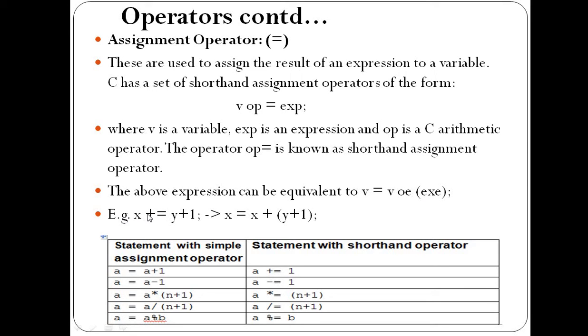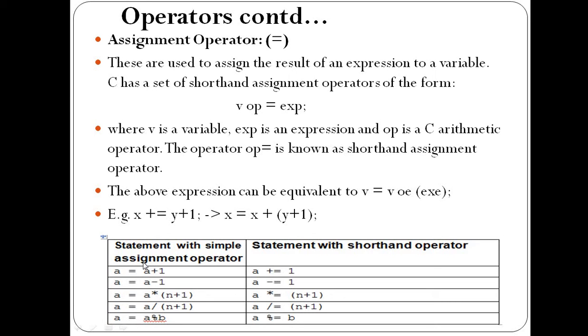For example, X += Y + 1 is equivalent to X = X + (Y + 1). So whatever is written with plus equal to, it is called a shorthand operator. It is also valid in the C programming language when using the assignment operator.